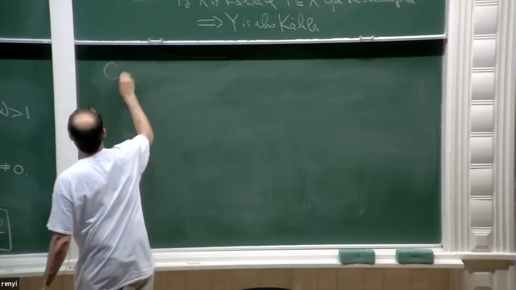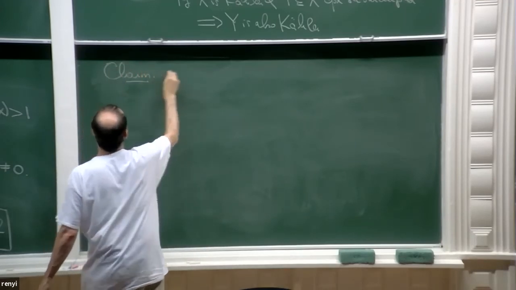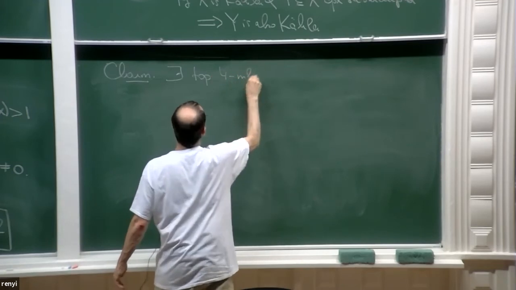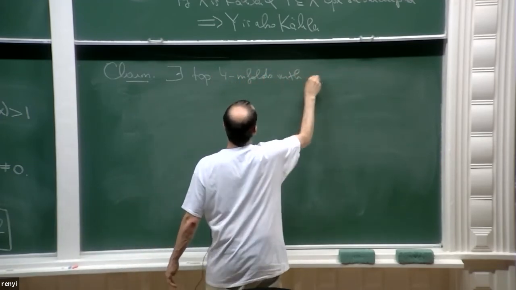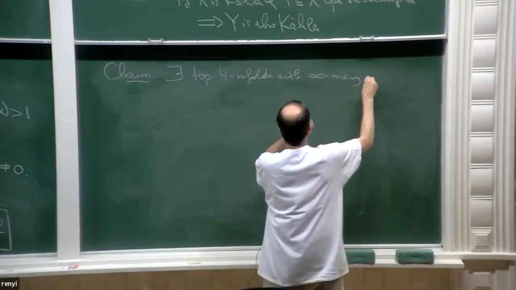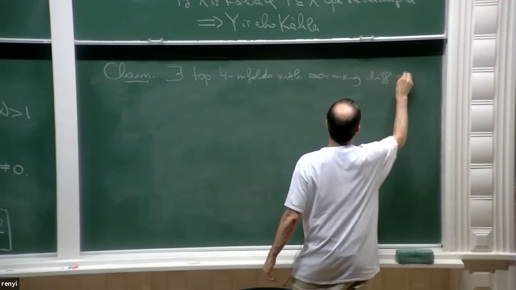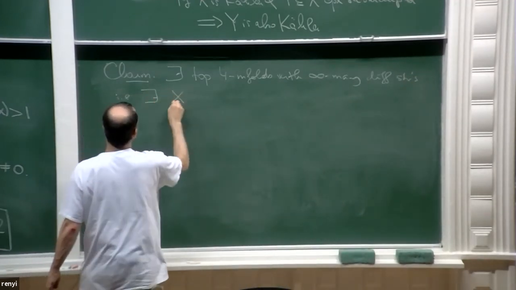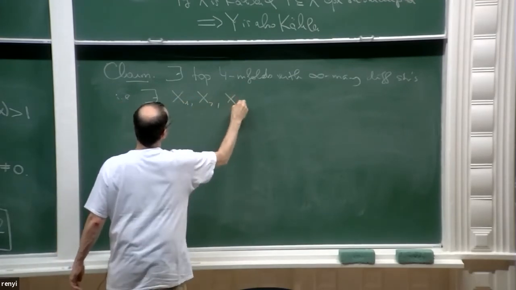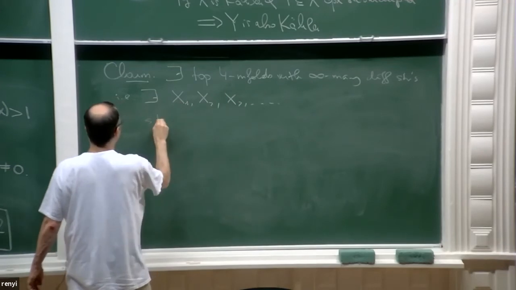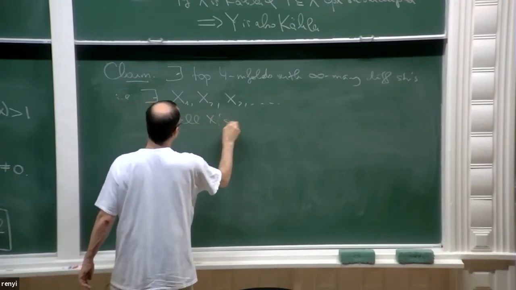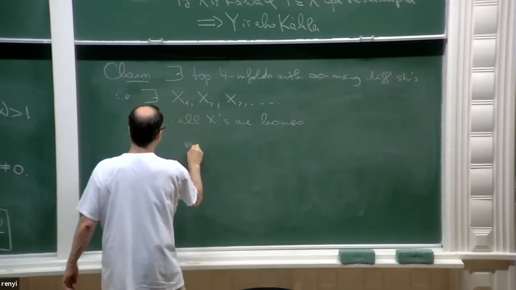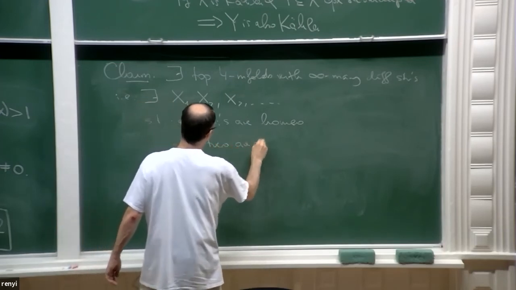So the next claim we would like to work on is that there are topological manifolds, 4 manifolds, with infinitely many differentiable structures, i.e., there are examples x1, x2, x3, and so on, such that all xi's are homeomorphic and no two are diffeomorphic.